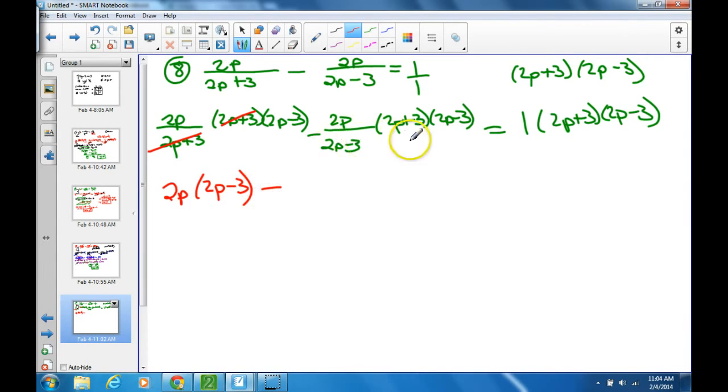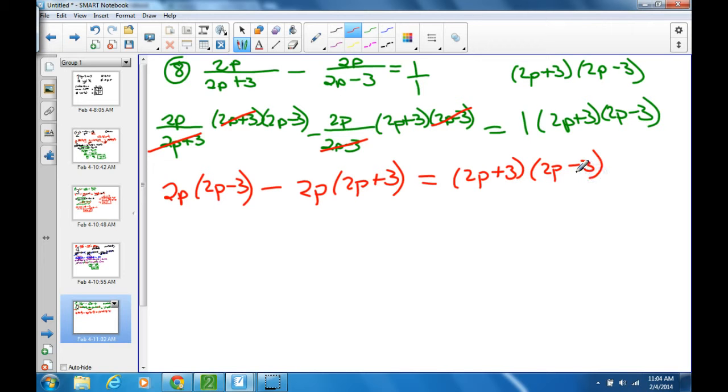Minus, the second one, what can I cancel out? Okay, so then I'm left with minus 2p times 2p plus 3. And then the last one is just what it says here, so we're going to have to FOIL that. Okay?